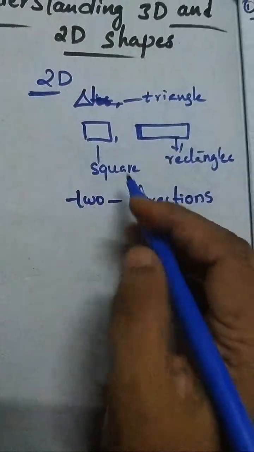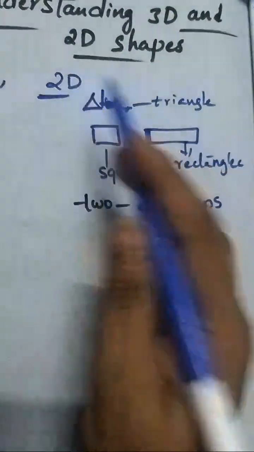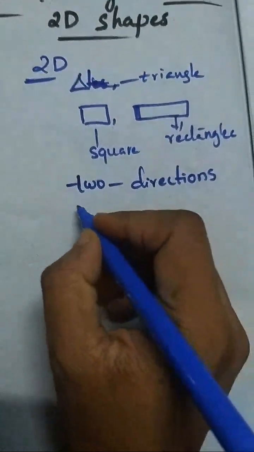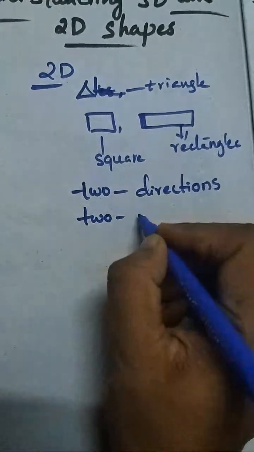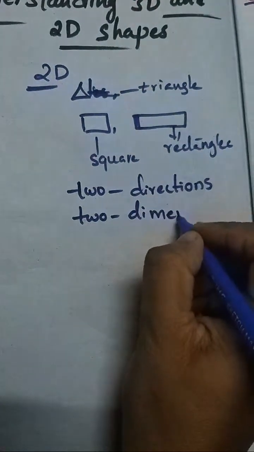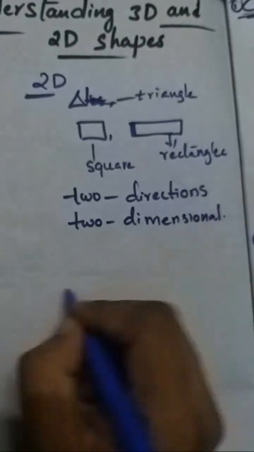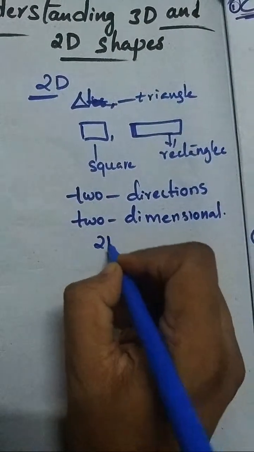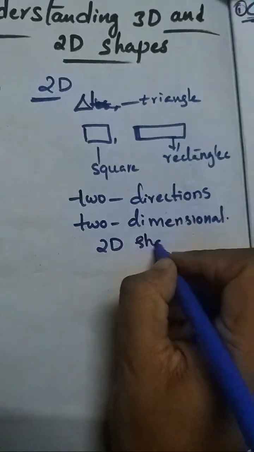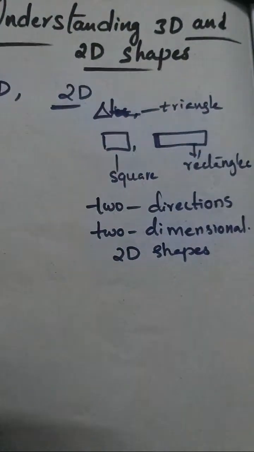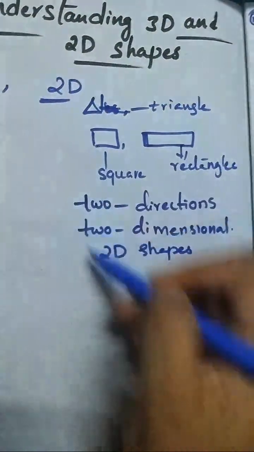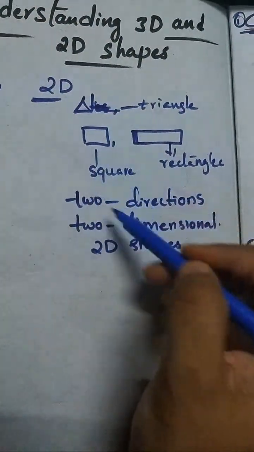So that's why we call these shapes 2D shapes, two dimensions. We also call it two dimensional, two directional shape. In short form we call it 2D shapes. So this is the reason why we call these 2D shapes.